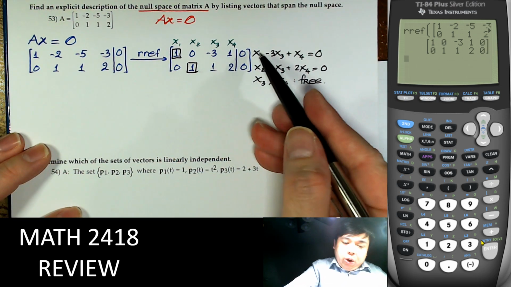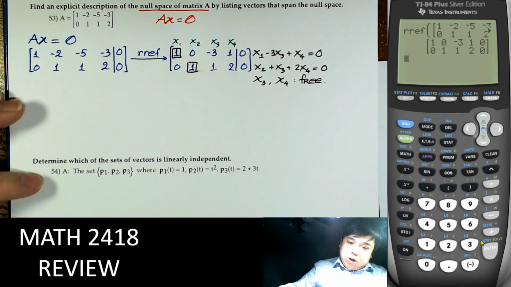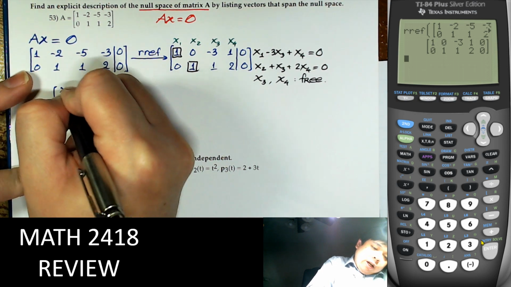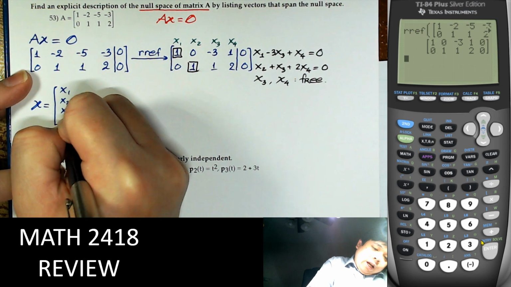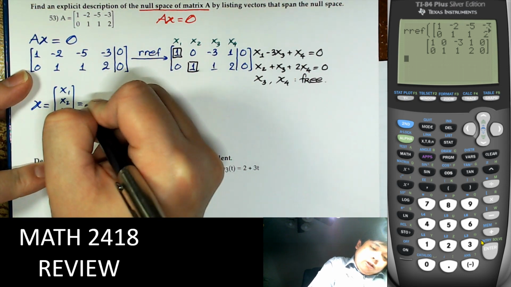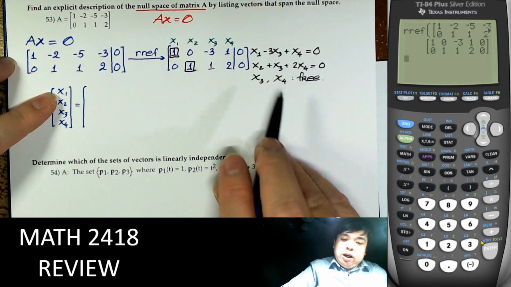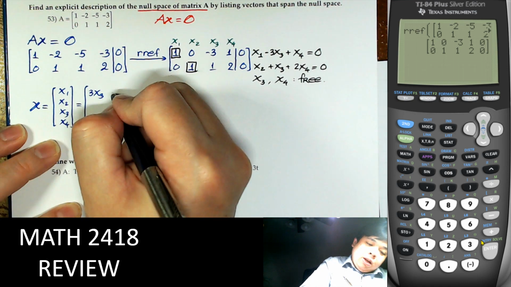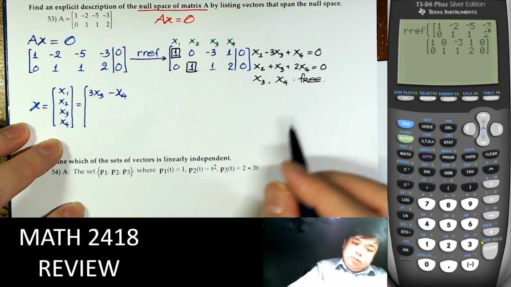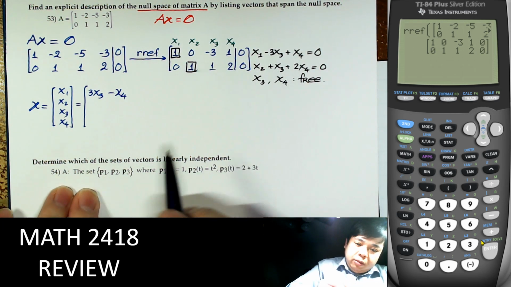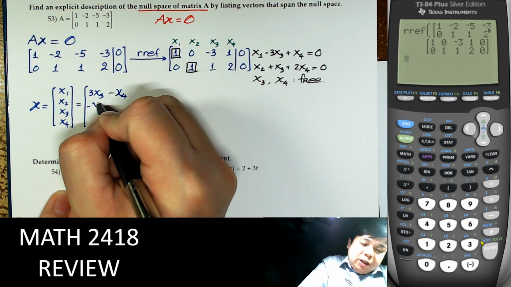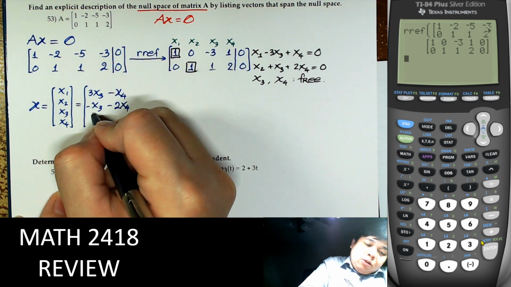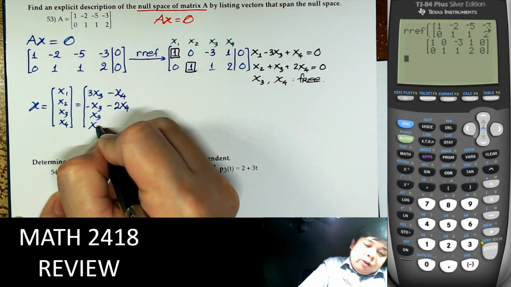Right. Now if we want to solve for all of the x, we will write the solution as follows. X is the vector that has 4 components, x1, x2, x3, and x4. The first component, if we want to solve for x1, we move this to the other side: 3x3 minus x4, and then negative x3, negative 2x4.